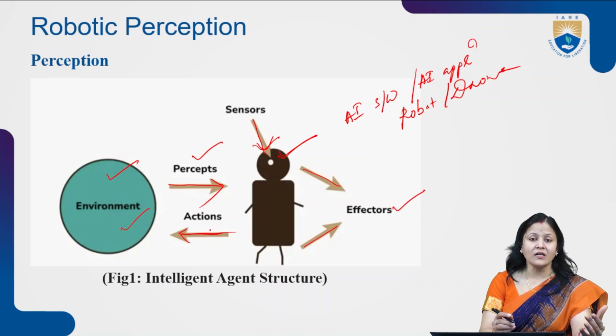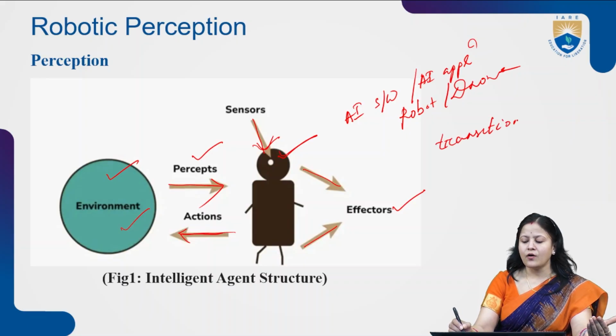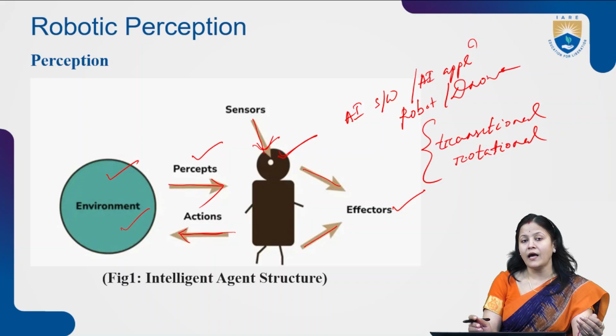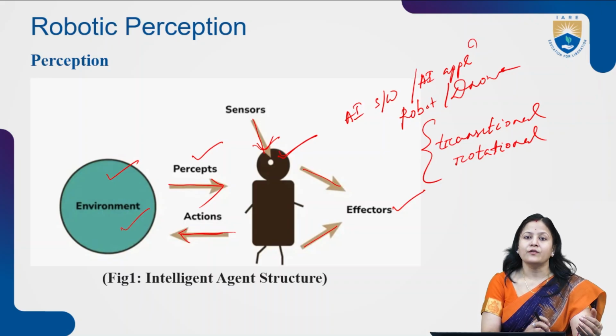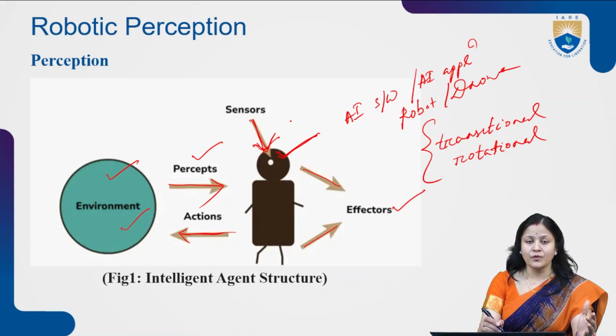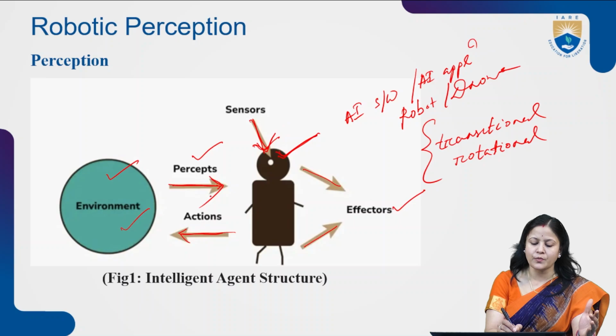And what types of actions can the agent perform on the environment? It can move, either performing a translational movement or a rotational movement. Both kinds of movements are considered actions on the environment. So what we have understood from this picture is that this is the logical agent, which has sensors, actuators and effectors. Through the sensors, it perceives information from the environment, which is called perception.